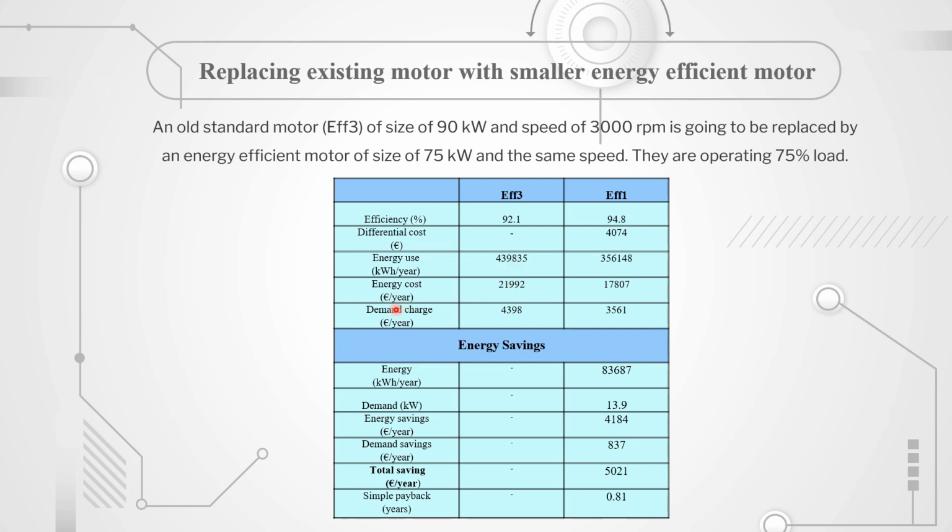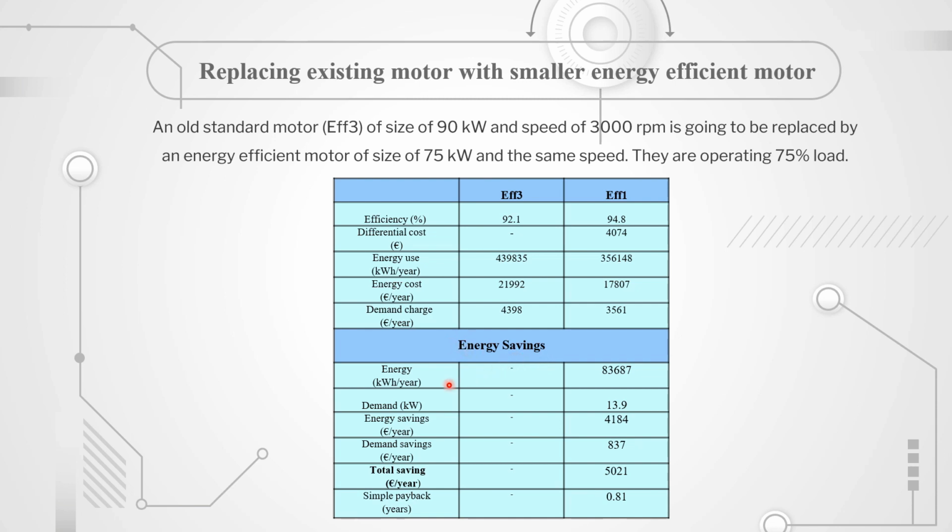And the energy cost per year, this statistic is based on 1 year, so energy cost the same. Also we can see that EFF1 is much lower than EFF3. Same goes for the demand charge: EFF1 is lower than EFF3.